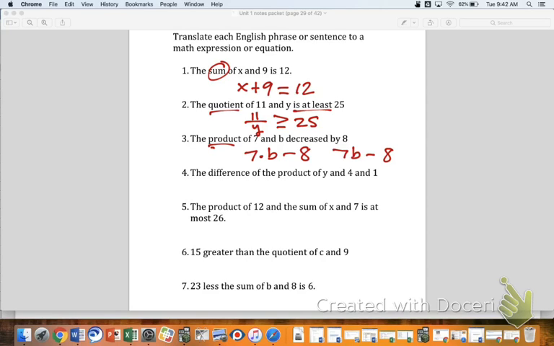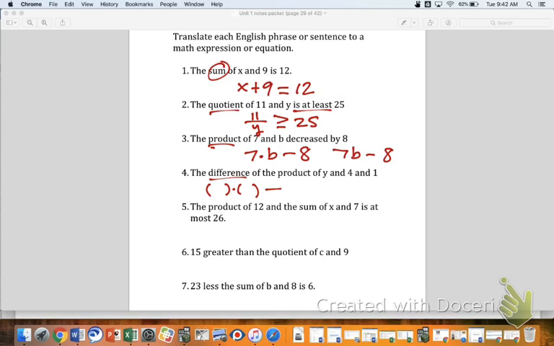All right, number 4. Difference, very key word. What does difference mean in math? Subtraction. So the difference of, and this is where this one gets really complicated. The difference of what? Well, the next thing you see is a product. So think about it like this. It's going to be something times something minus something.